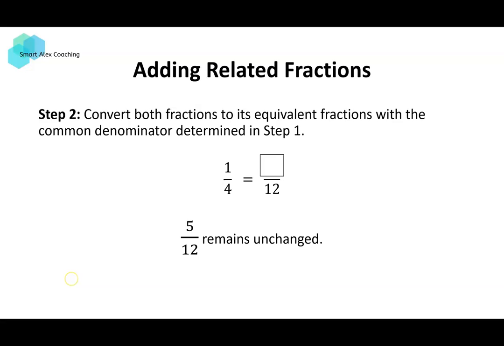Once I choose 12 as my common denominator, the fraction of a quarter needs to be converted to its equivalent fraction. 4 times 3 is going to give me 12. 1 times 3 is going to give me 3. 5/12 already has 12 as the denominator, so it remains unchanged.